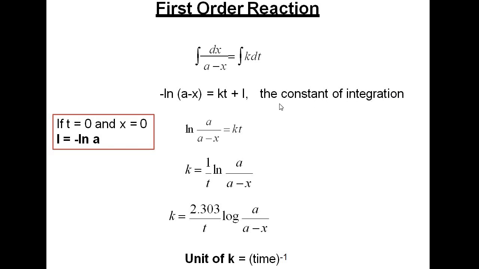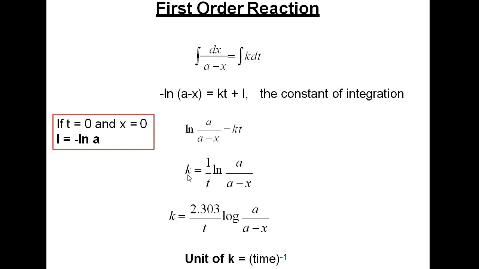To find out I, just apply the condition. If t is equal to 0 and x is equal to 0, then I will be equal to negative natural log of a. Just put this value in this equation and it will be natural log a upon (a minus x) is equal to kt.